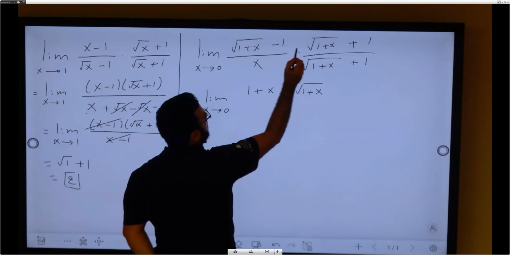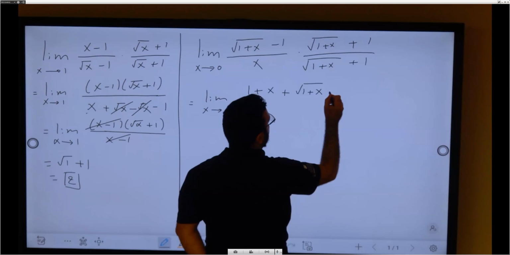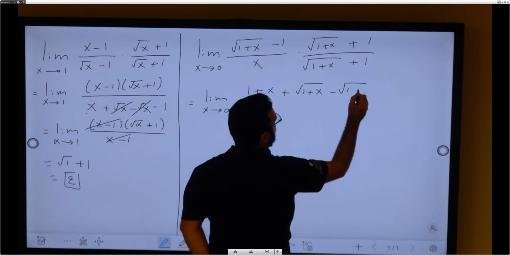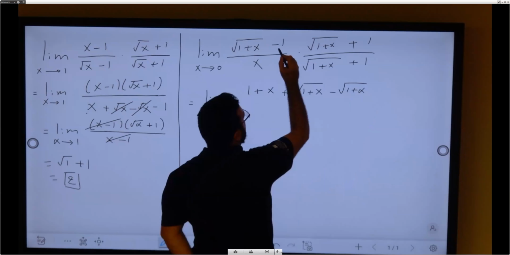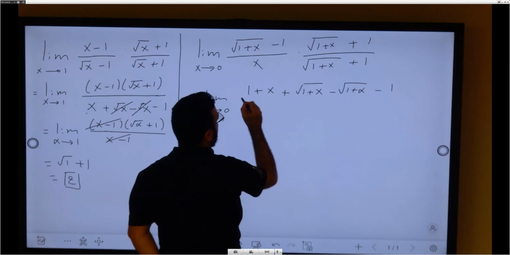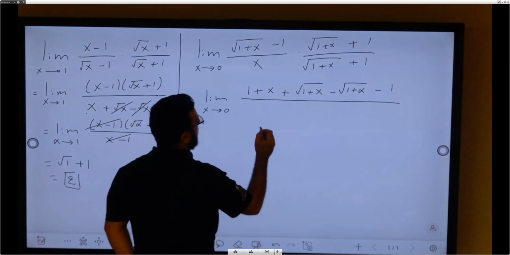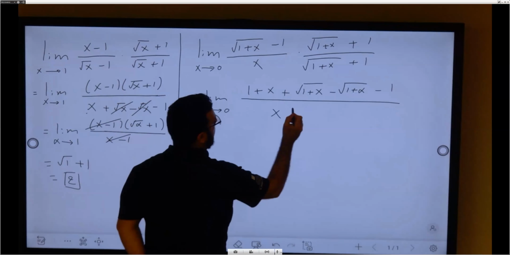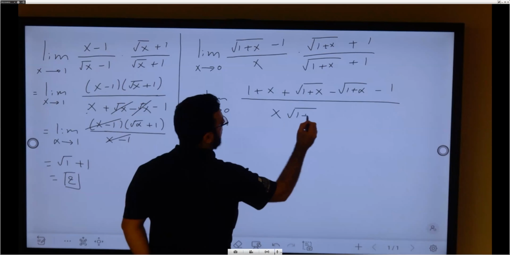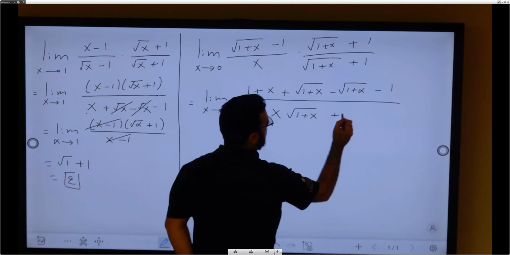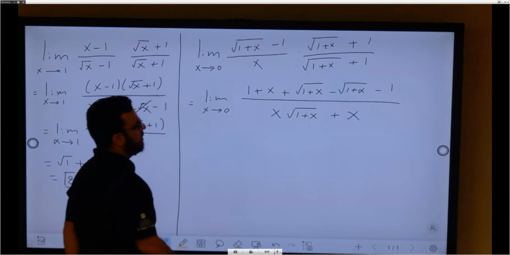Negative 1 times that is going to be minus square root of 1 plus x, and negative 1 times 1 is minus 1. And here on the bottom, it's going to be x times square root of 1 plus x, or you can keep it without distributing, it's going to be fine.